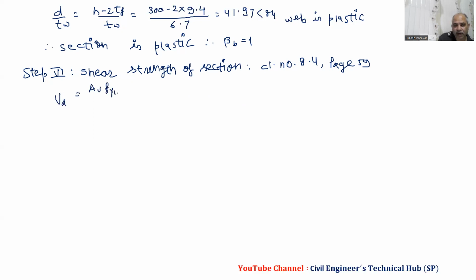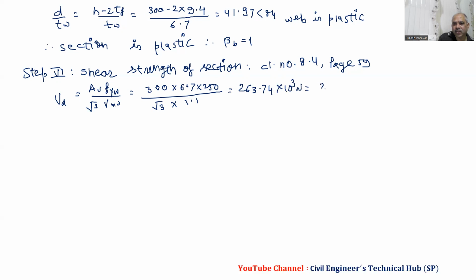Now these are all already explained in the last videos, so I am just going to write down the values. So we have 300 multiplied by 6.7 into 250 divided by root 3 into 1.1. And we will get 263.74 into 10 raised to 3 Newton, 263.74 kilonewtons.